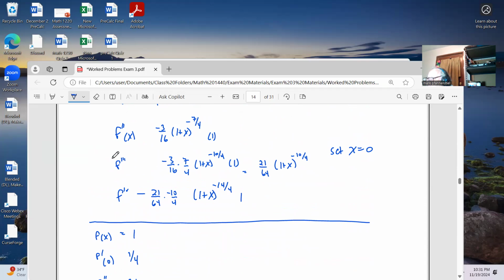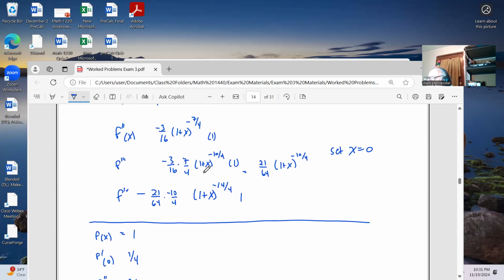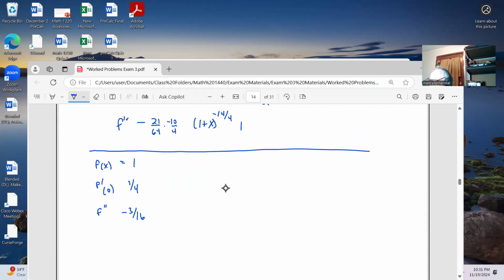F triple prime, so f3 is going to be, it looks like, 21/64. Okay, I'm just double checking to make sure the signs are all correct. I think we are good. So we're going to say that's going to be 21/64.